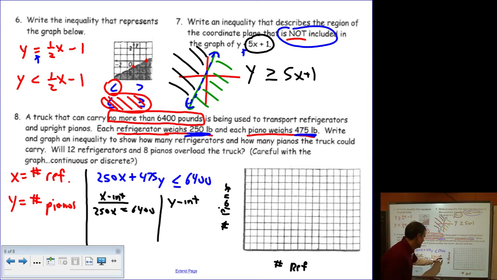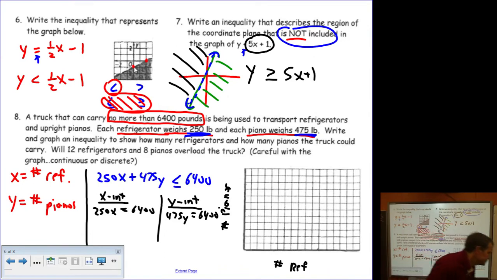And the y-intercept would be where 475y equals 6,400. So over here, the x-intercept would be 6,400 divided by 250, that would be at 25.6.